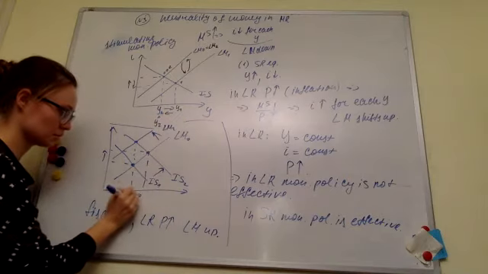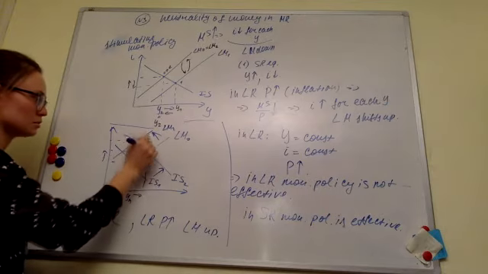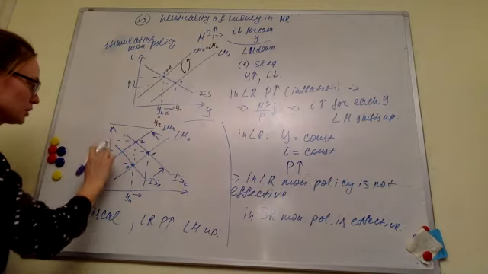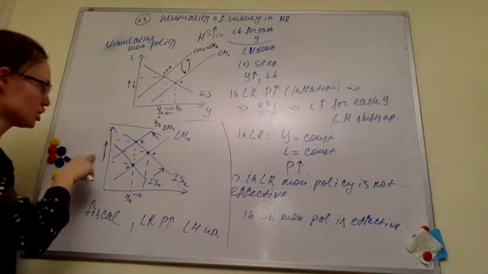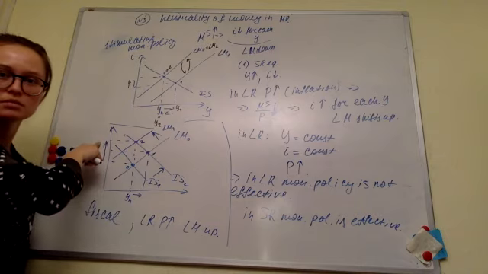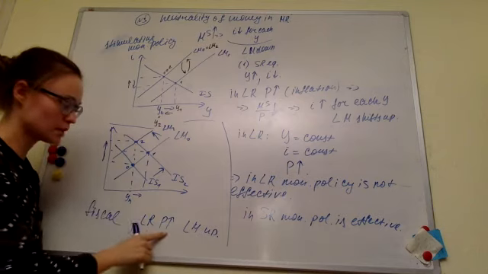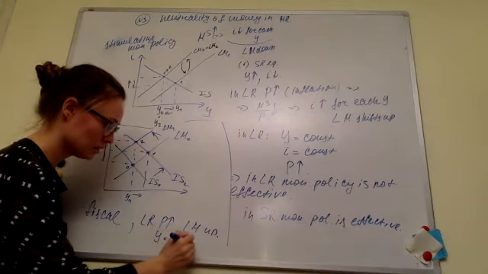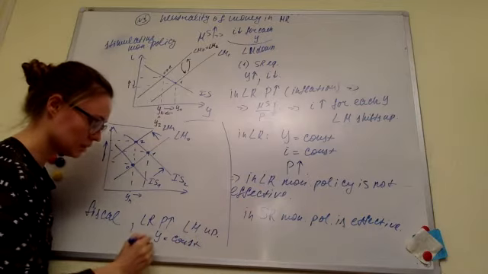This is the natural level of output. And you see here 0, 1, 2. You see that fiscal policy will not change output, but it will change interest rate. Agree? Even in the long run. In the long run, prices will go up, GDP will stay constant, but interest rate will increase.